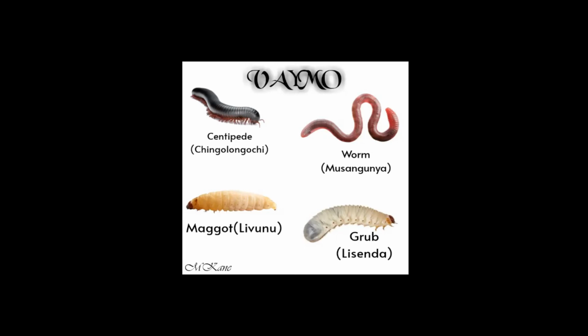Just on top there, I've got a worm. Musangunya is a worm. We can find them in mud, near the rivers where there is mud. They are also mainly available during rain season.